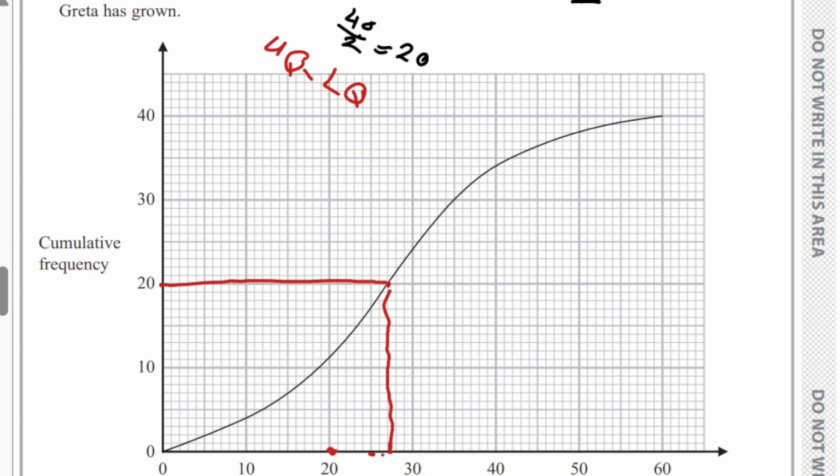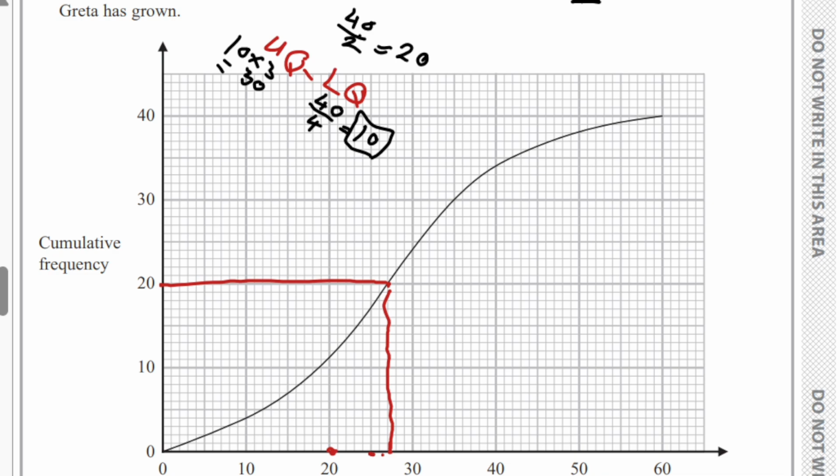To find the lower quartile, you do 40 divided by 4, which is 10. And to find the upper quartile, you multiply the position by 3. So it's 10 times 3, which is 30. And that's not the answer. These are the numbers we will use.